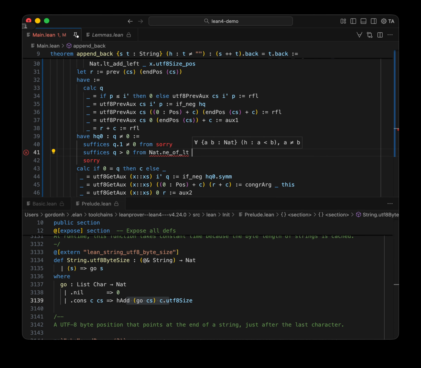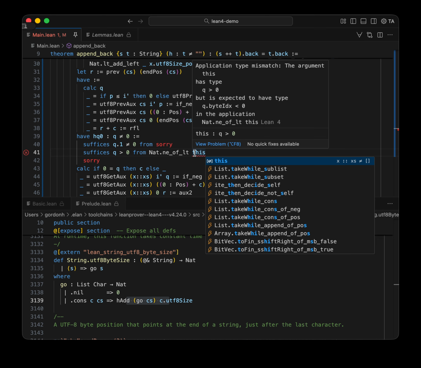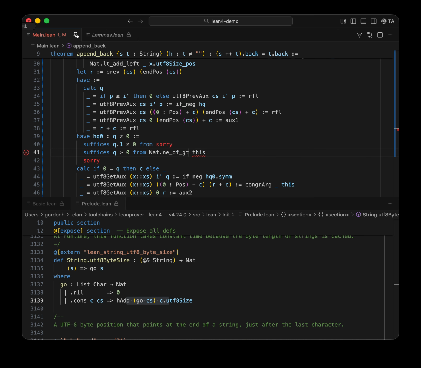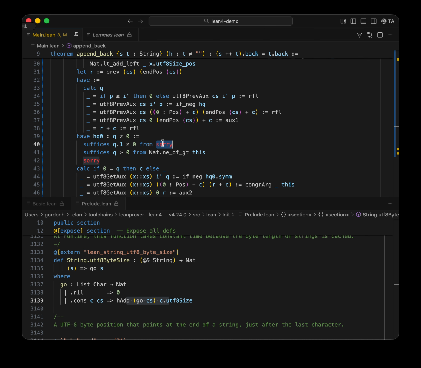Alright, same thing. What? Okay. Extensionality.